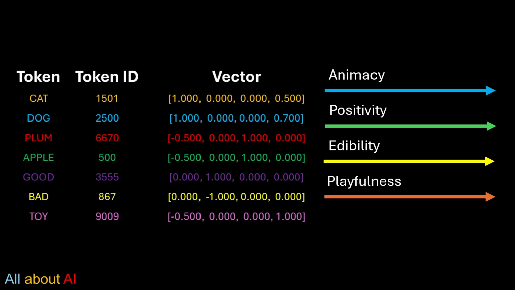And the model has presumably assigned 0 for good and bad because they are neither animal nor anything, as these are abstract adjectives. Similarly, in the last one, playfulness, the fourth column in the vector, you can see toy is assigned 1, dog is assigned 0.7, while cat is assigned 0.5. Usually, dog will be more playful compared to cat. That's why the model assigned it like that.